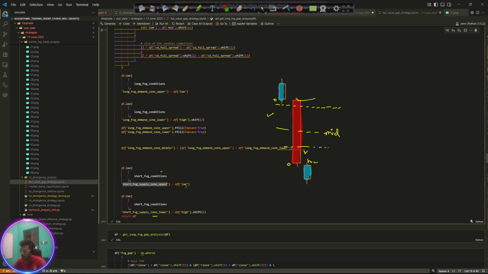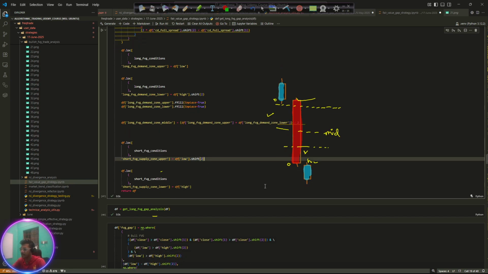Upper will be the low of the previous candle, and the lower zone will be the high of the current candle.